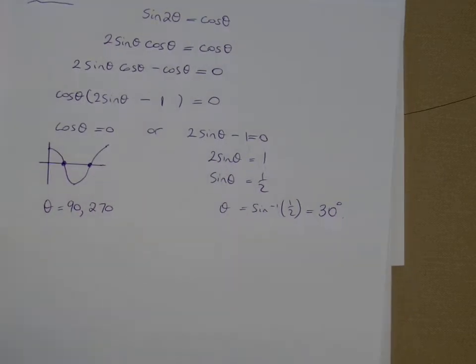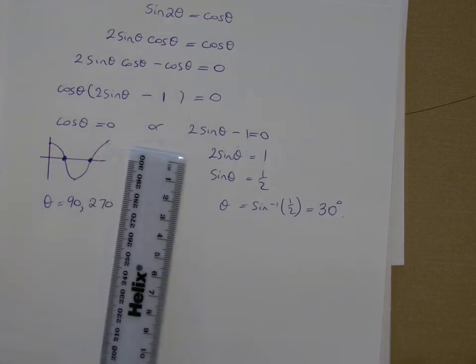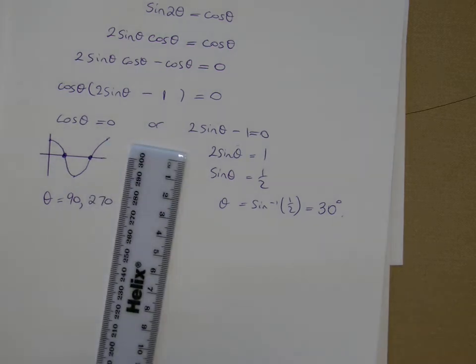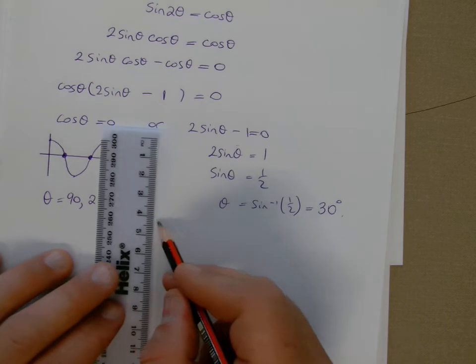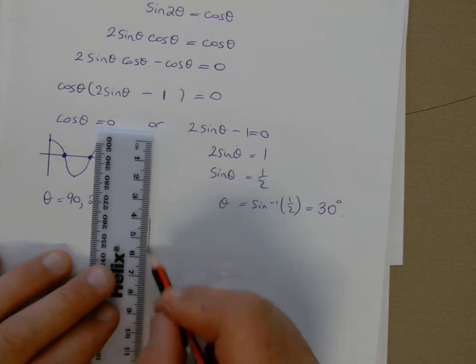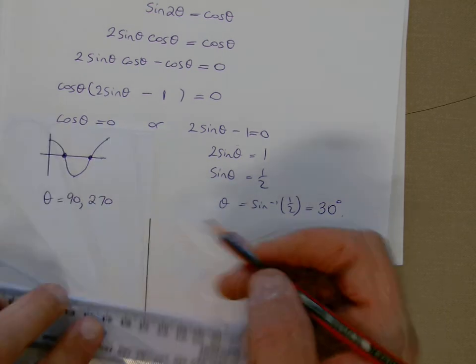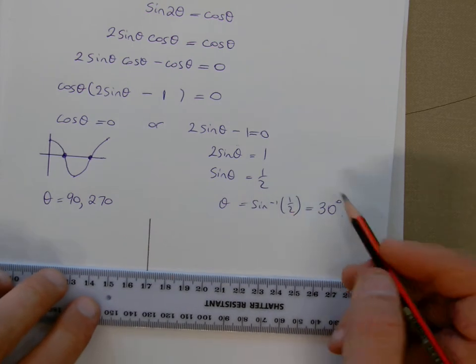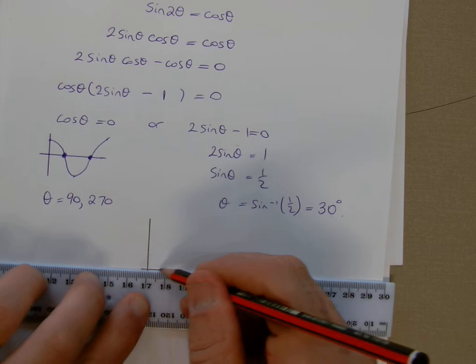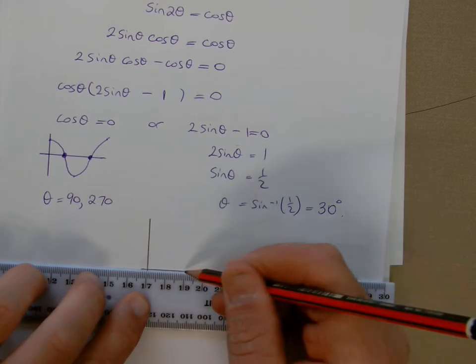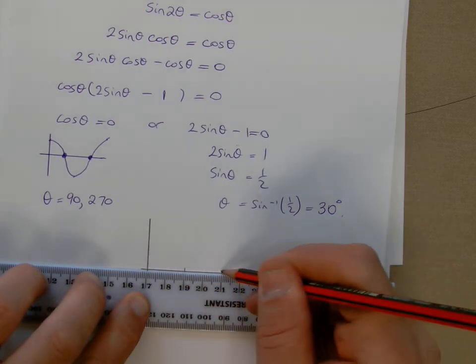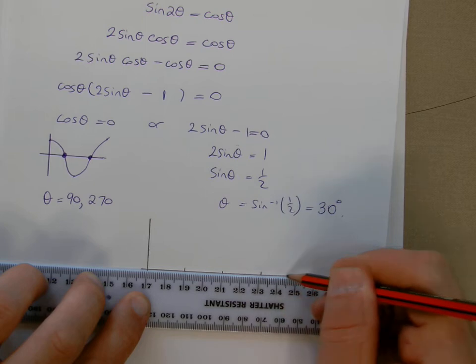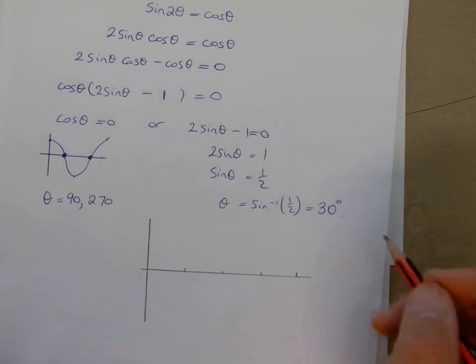So when it comes to drawing your sine graph, we need to be a bit more careful. With a sine graph, what I tend to do is let every 2 centimeters represent 90 degrees. So I've got 2 there, 2 there, 2 there, 2 there, something like that.